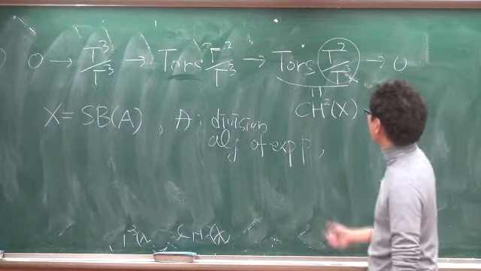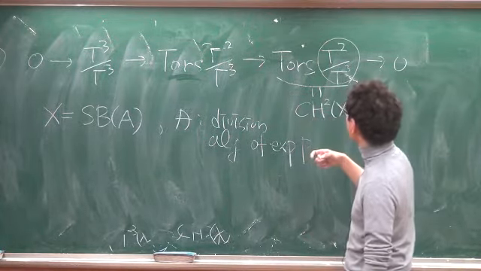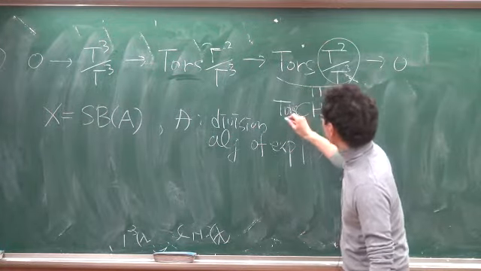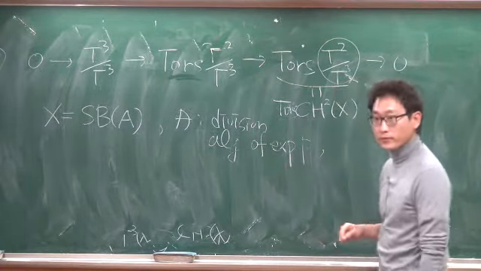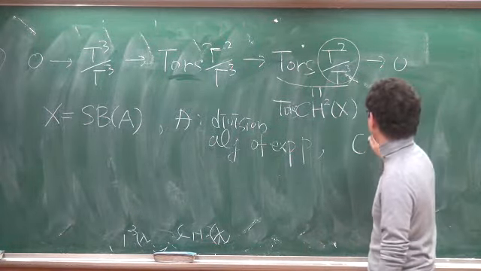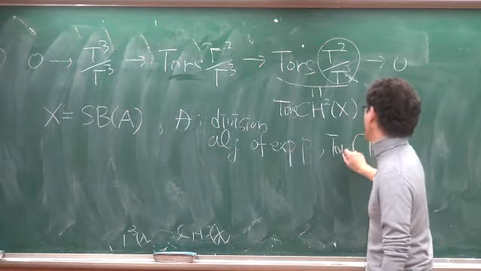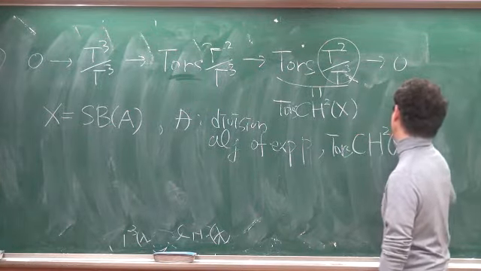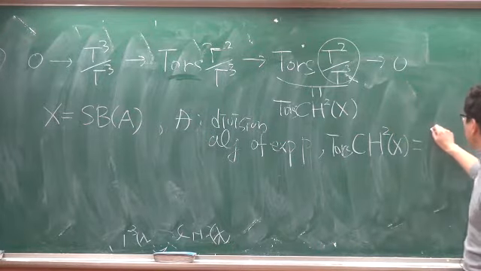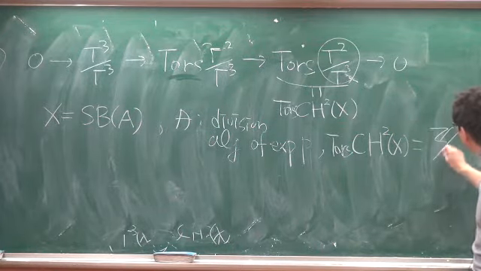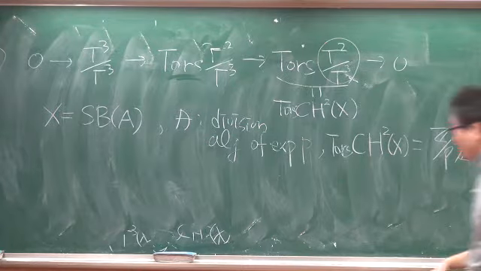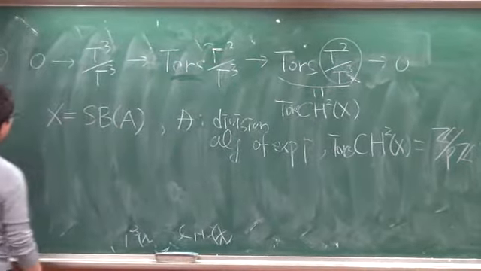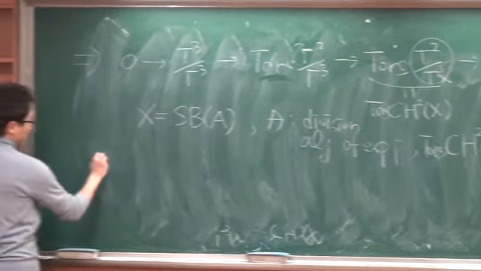And he computed the torsion subgroup of the Chow group of codimension 2, as well as the torsion of the gamma filtration, which is a cyclic group of order p or 0, depending on the algebra.